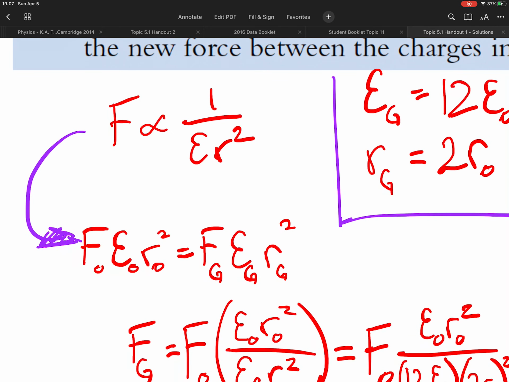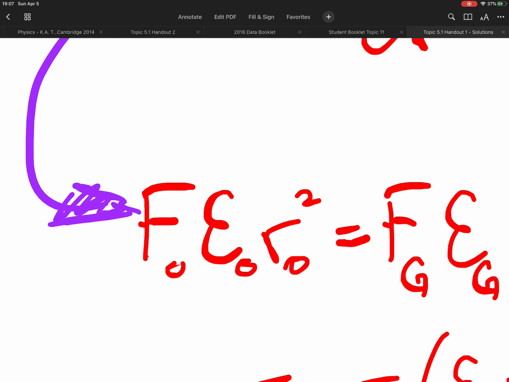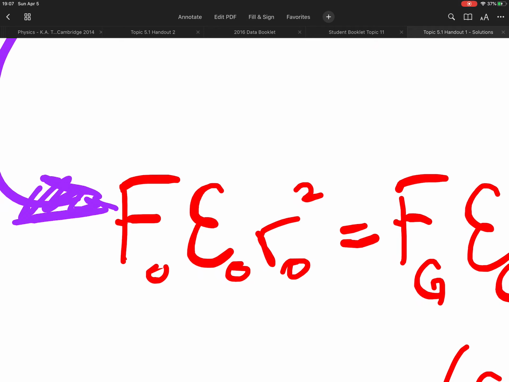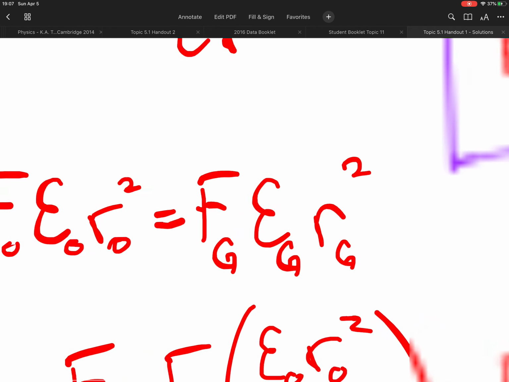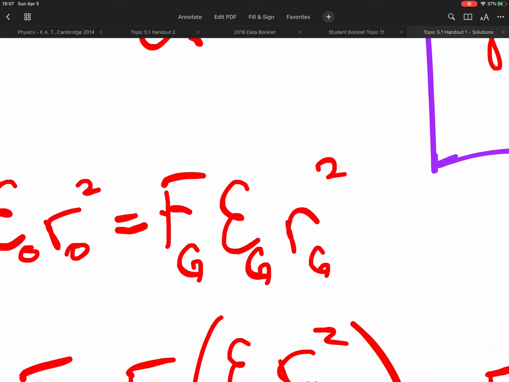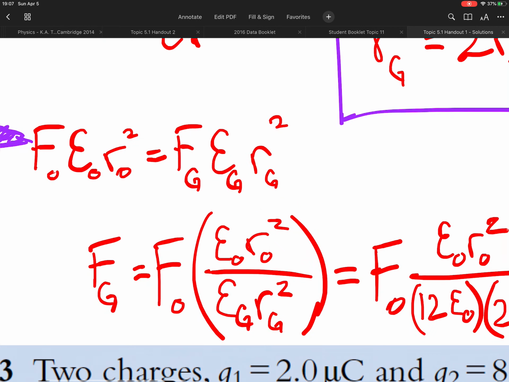So what that means is that my proportionality is going to look something like this, where on one side I have the force through a vacuum and the permittivity and the distance squared. And on the other side, I have the force through graphite as well as the permittivity of graphite and the radius in graphite squared.